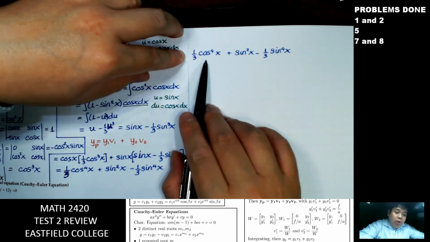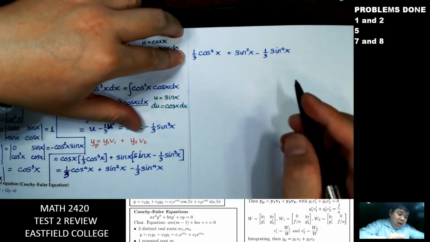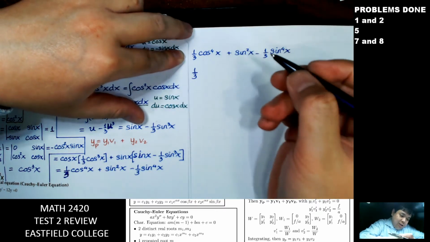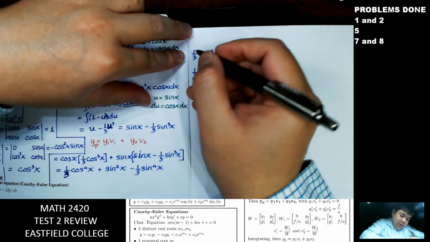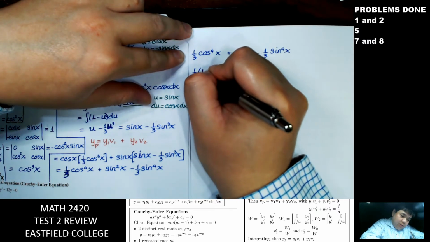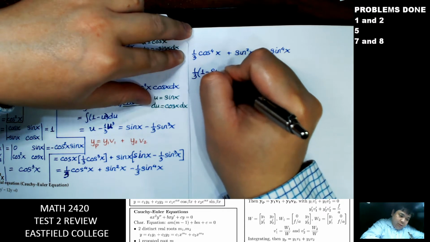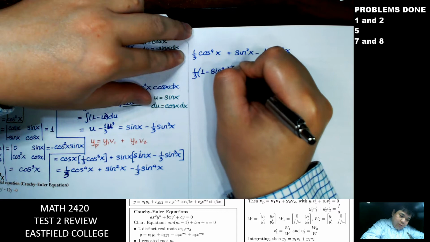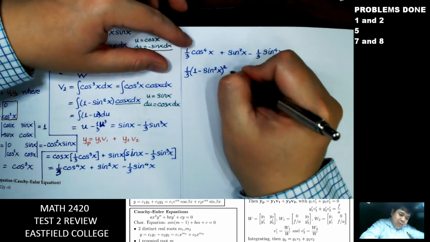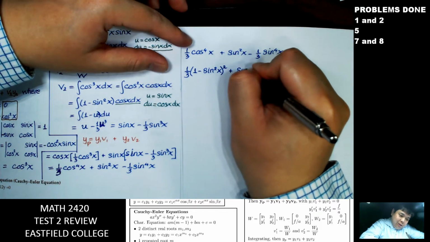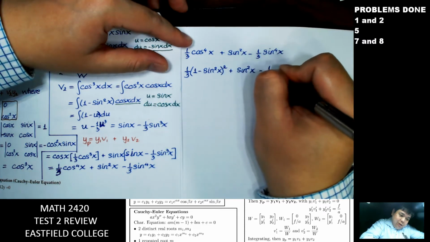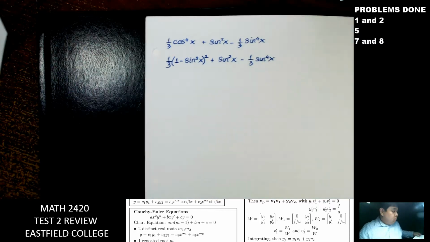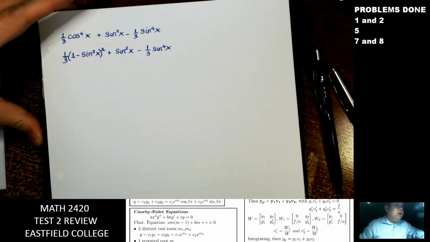The cosine square we can replace with 1 minus sine square, squared. Right?